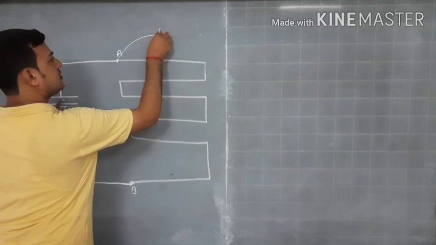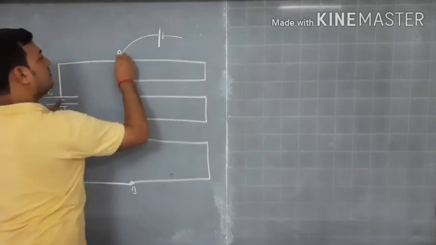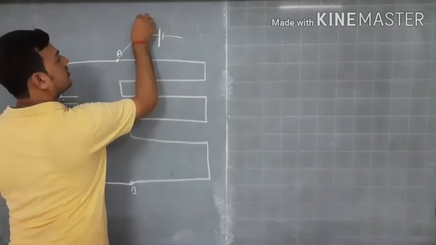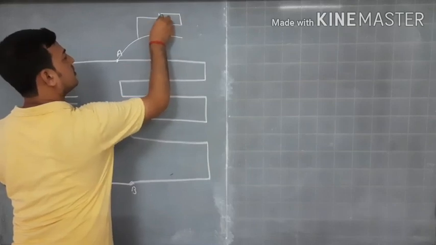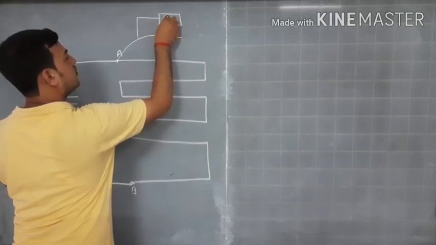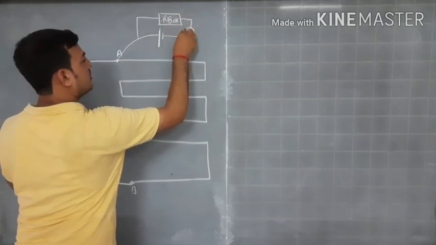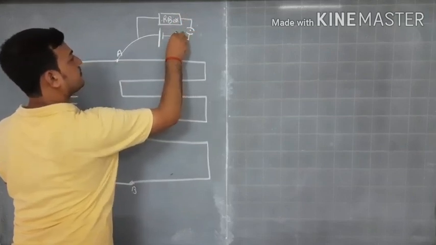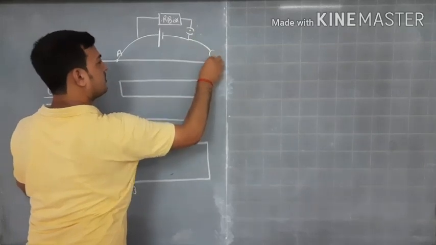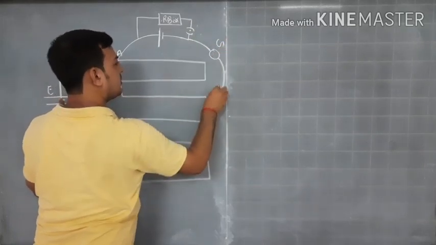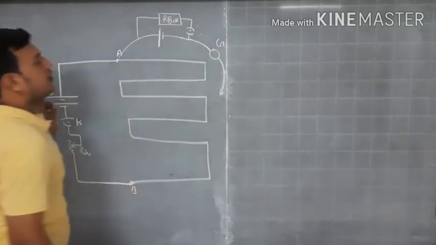So this is my cell, and I will connect a resistance box in parallel to this cell with the help of one key, and once again a galvanometer, and this is with the jockey.